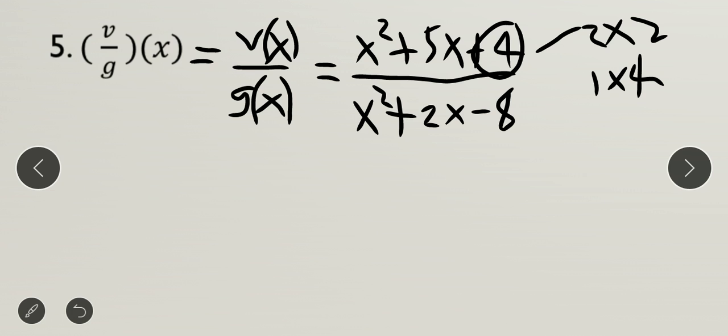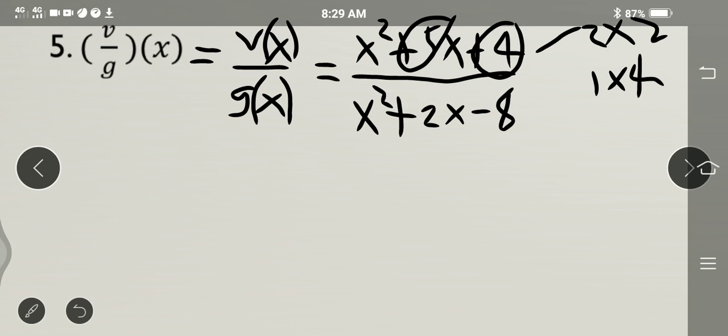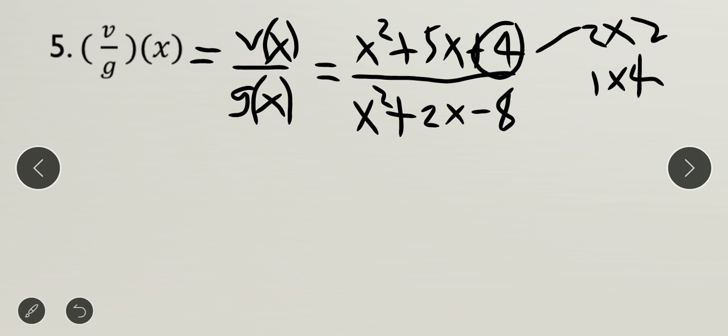But take note that we have to consider the middle part. The middle part here is 5. Now, if you will try to add 2 and 2, that's 4. But if you will try to add 1 and 4, that would be 5, which is the middle part. So therefore, these are the factors.